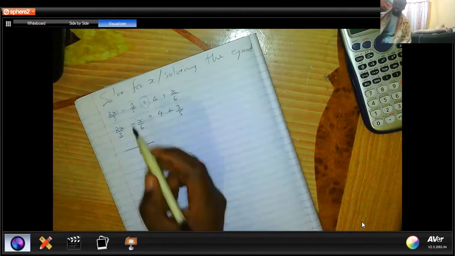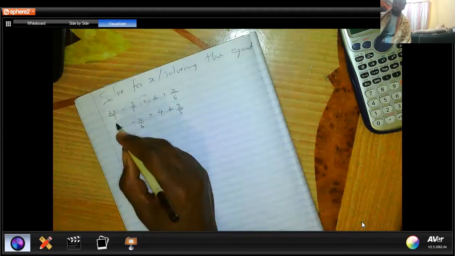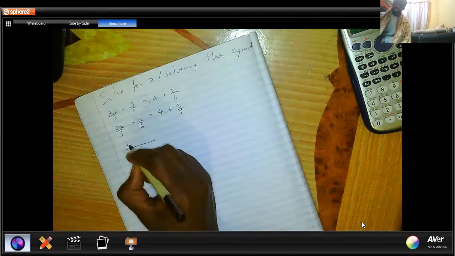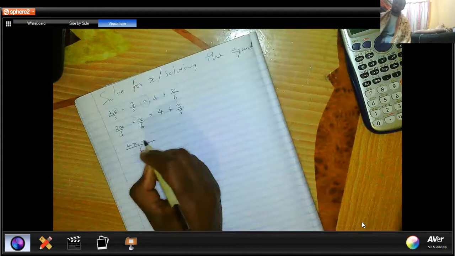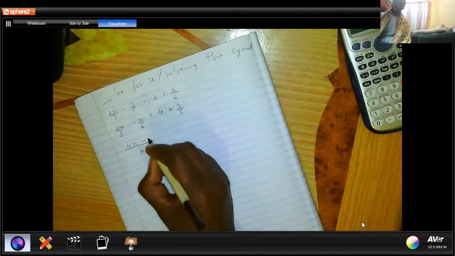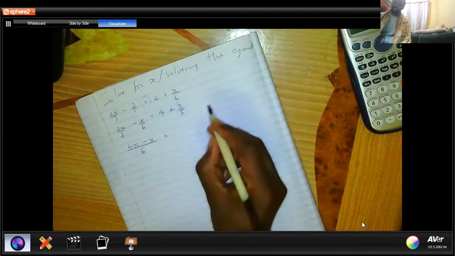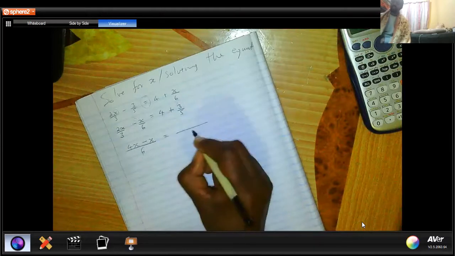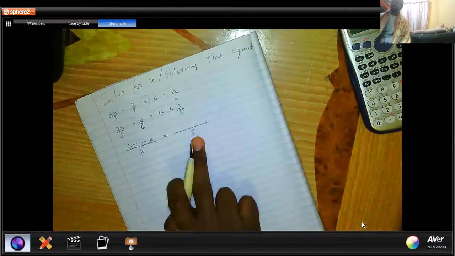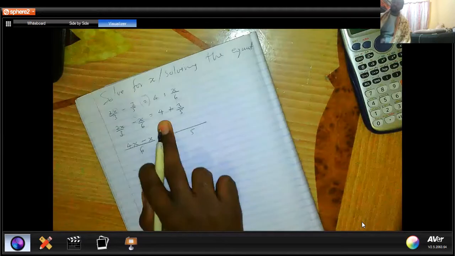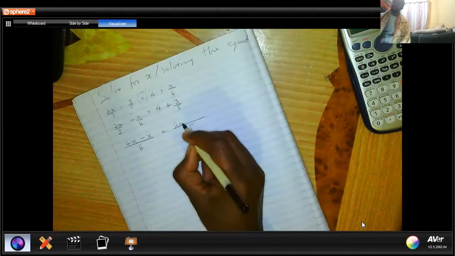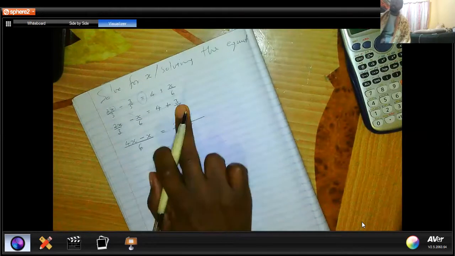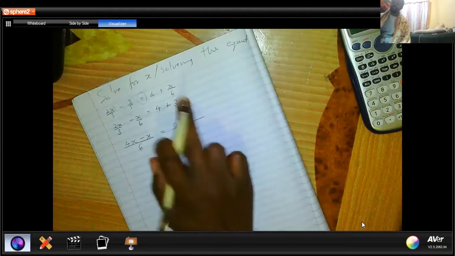So 6 over 3 is 2, times 2 is 4x. Take the sign as it is. 6 over 6 is 1, times this 1, you've got 1x. And then you've got the LCD of this side, which is 5. 5 over 1 is 1, times 4 is 20. Thus, 5 over 5 is 1, times 3 is 3.